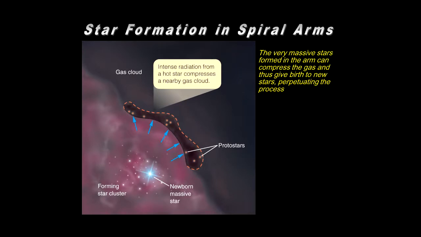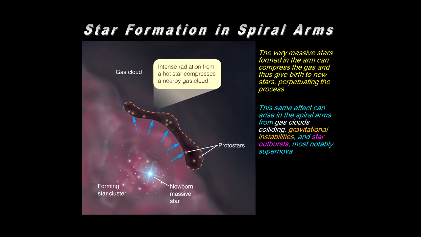And in this way, we perpetuate the process of star formation through the galaxy. Now, this star cloud compression can also be initiated by the gas clouds themselves colliding and other gravitational instabilities. Star outbursts like nova and supernova can produce shock waves, producing new stars as well.